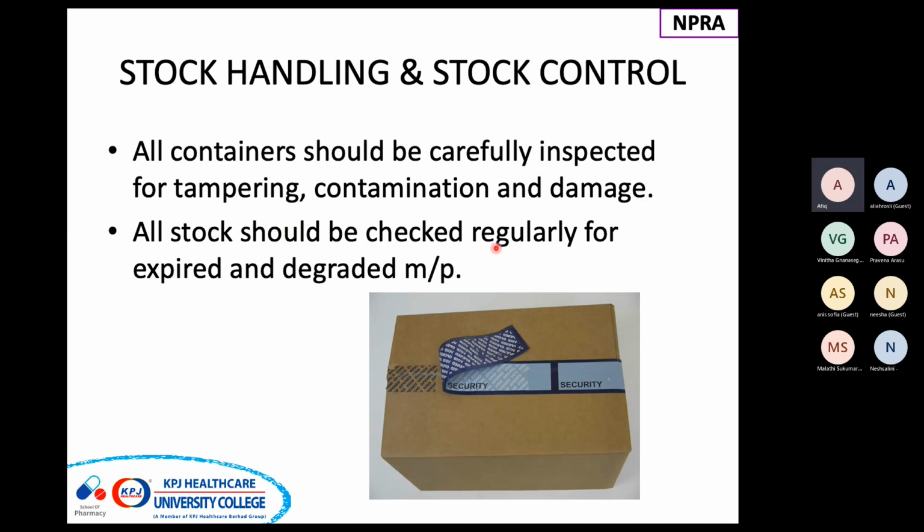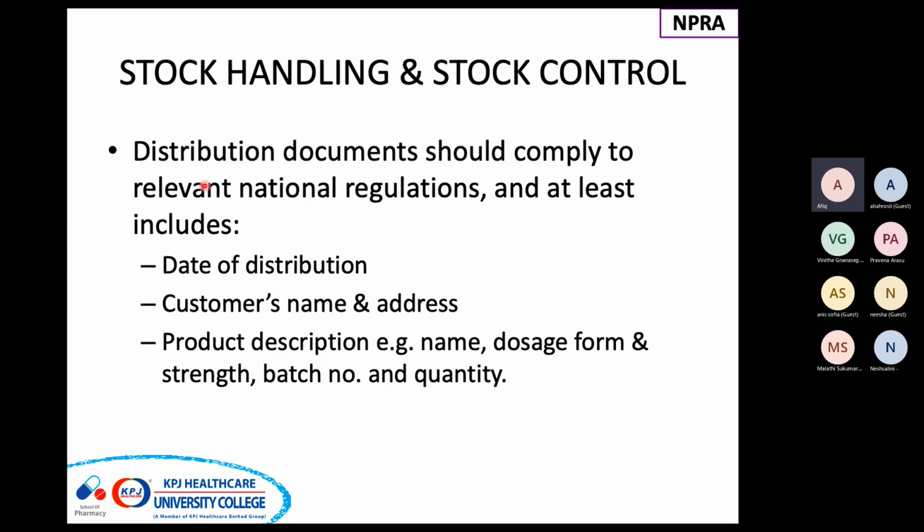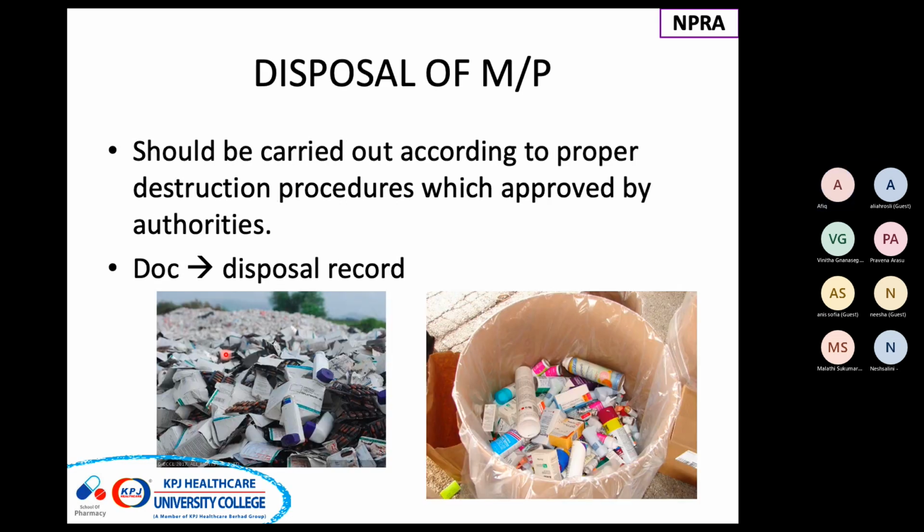So all stock should be checked regularly for expired and degraded materials and products. And distribution documents should comply with relevant national regulation and at least include the date of distribution, customer names and address, and also the product description.